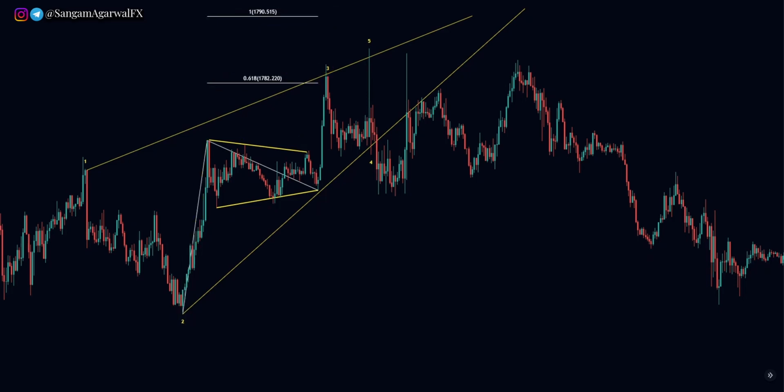This was one of the fastest ways to recognize that we are in an ending diagonal chart pattern. When a triangle pattern comes on the chart and breaks out, but compared to last week this impulsive wave is shorter in length, then immediately drawing this trend line, 3 retests of the upper trend line confirm that this is a chart pattern, an ending diagonal pattern.